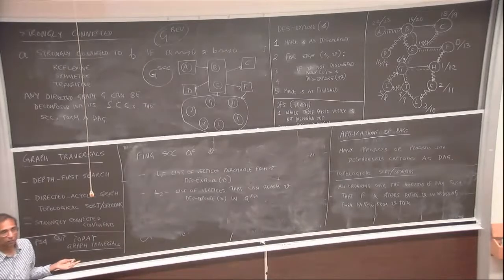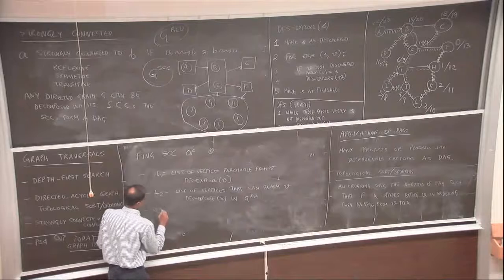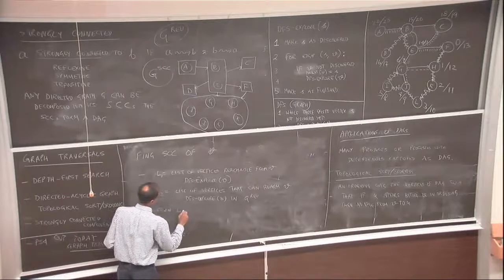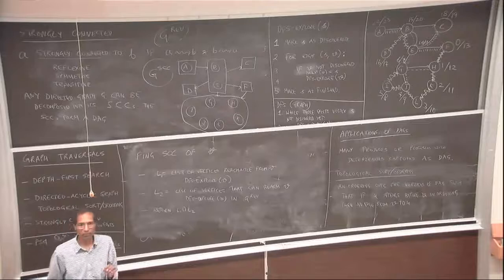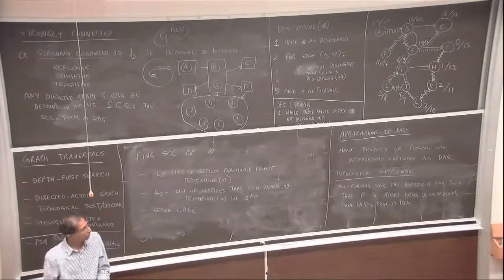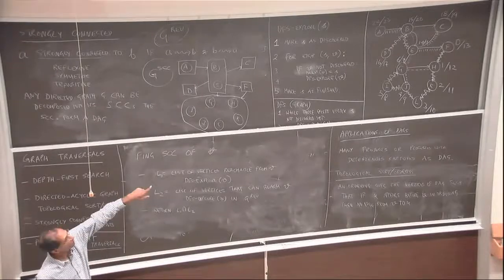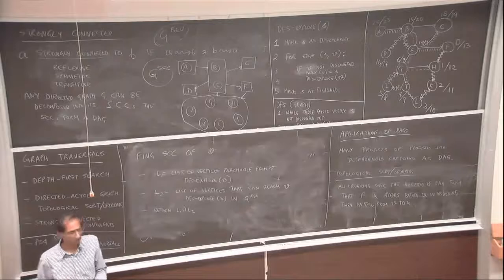The intersection of the two lists. Right? Vertices that can both reach V and can be reached from V. This will give me the strongly connected component for vertex V. It might be just that vertex itself, for example, if you run it on A in that graph, or it could be a bunch of vertices. Right?